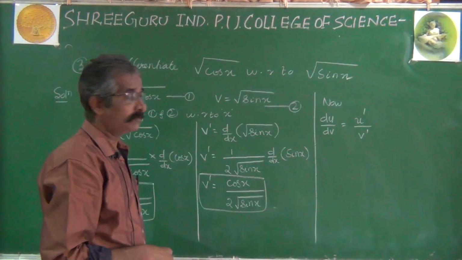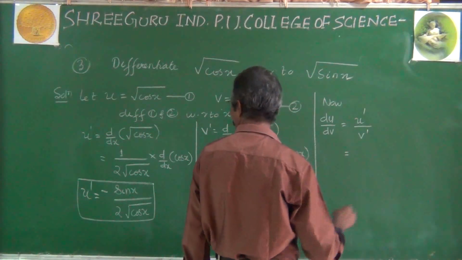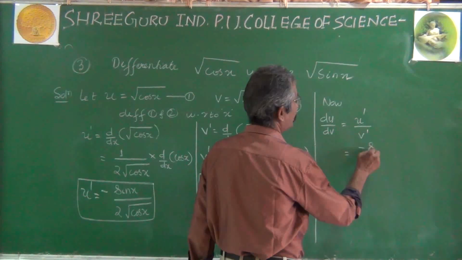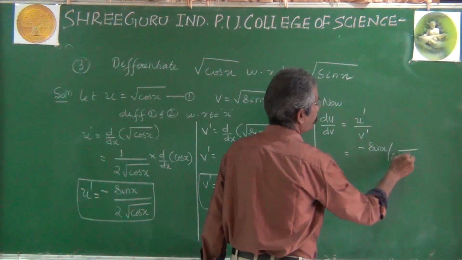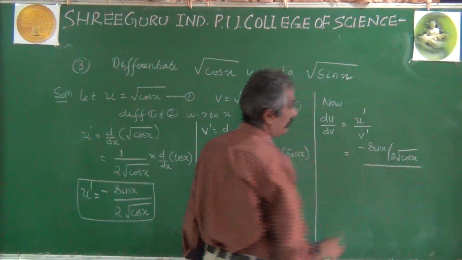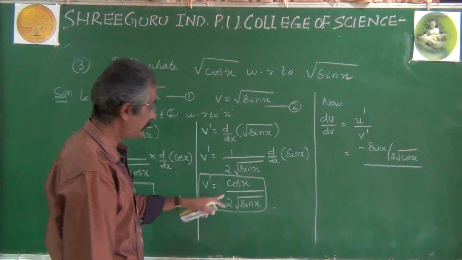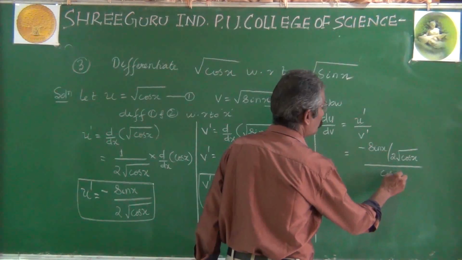Substitute the values of u dash and v dash. The value of u dash is minus sin x divided by 2 root of cos x. And all this is divided by the v dash value, which we got as cos x divided by 2 root of sin x.